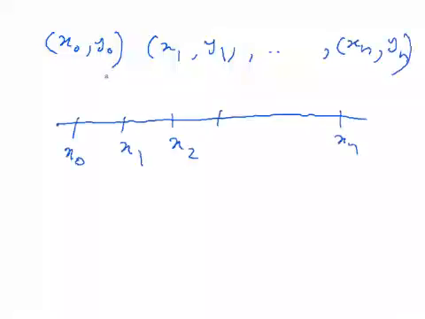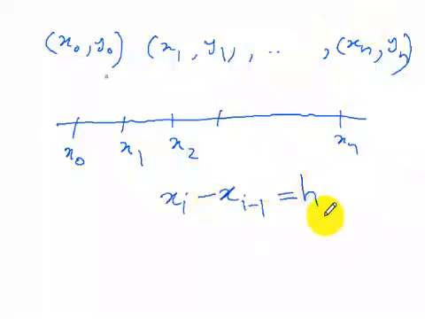If you take any two neighboring x's, say let's consider xi, the difference between x sub i and x sub i minus 1 is equal to h.